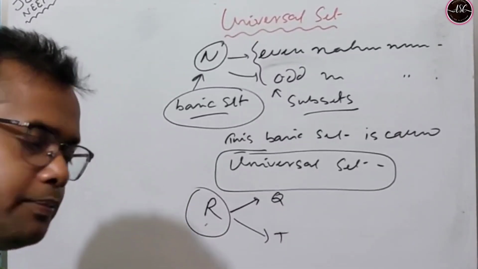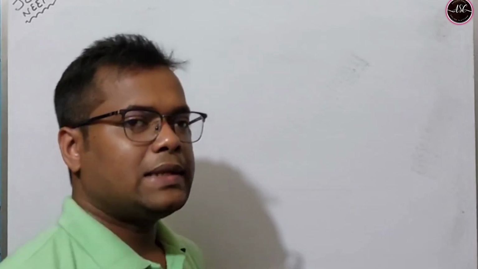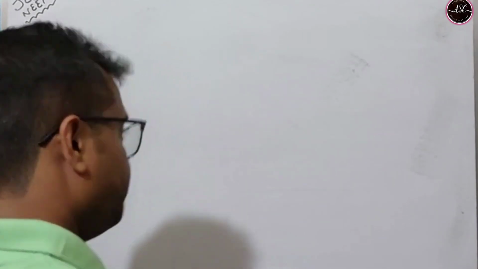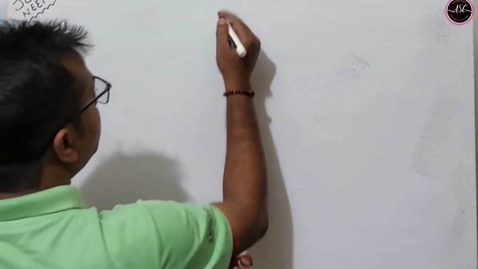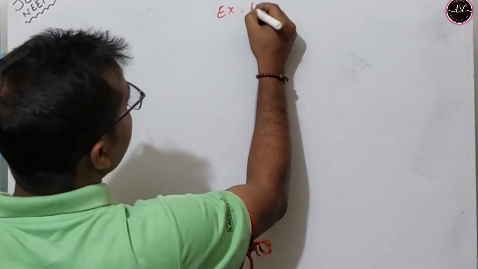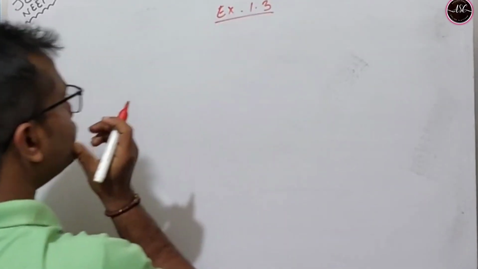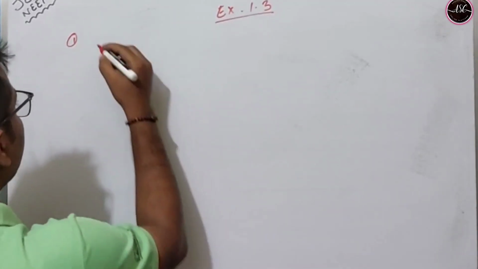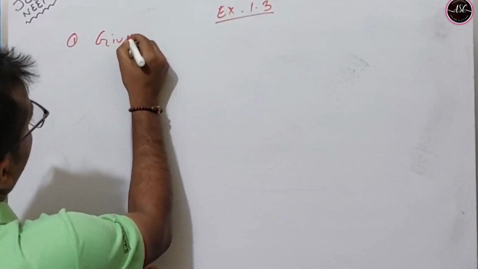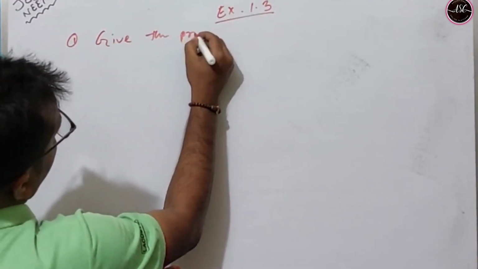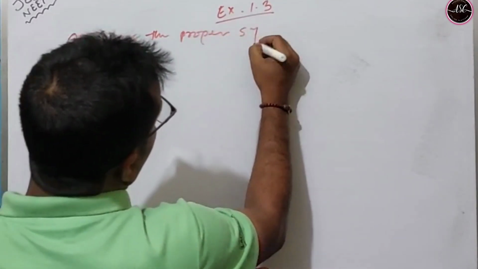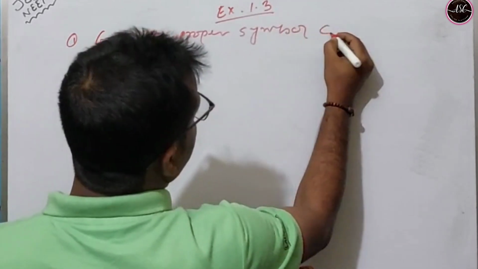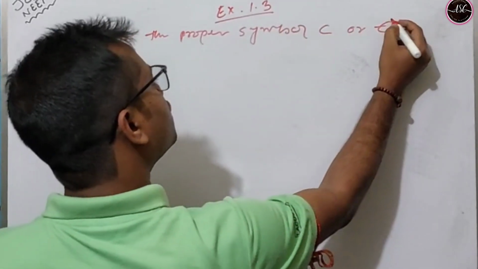Okay, clear? We will practice exercise 1.3 of the NCERT textbook. Question number 1: give the proper symbol, subset or not subset.